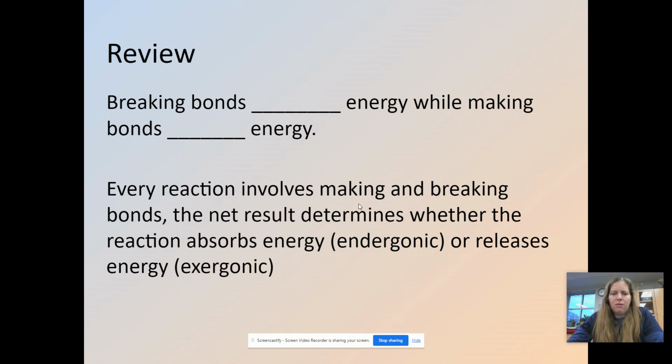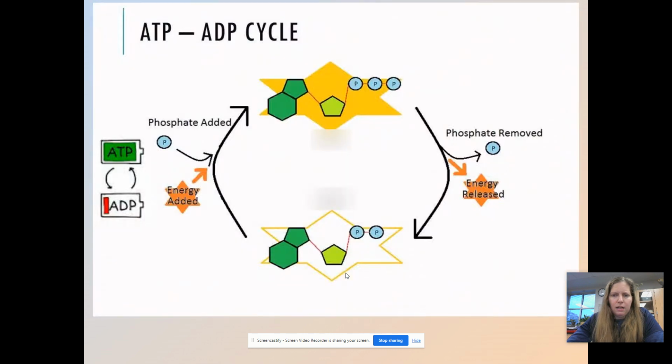And in every chemical reaction, you're going to do both of these things. You're going to make bonds and you're going to break bonds. And the net result of that energy determines overall whether the reaction needs to absorb energy to happen or whether it's going to release energy as a result. We kind of talked about this in our activity.